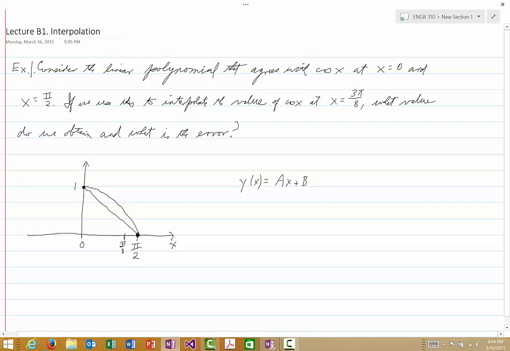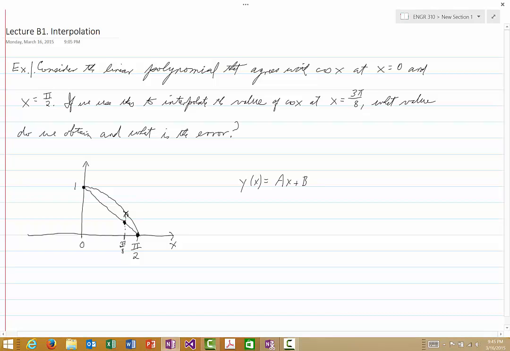And so the value that we're going to get is going to be somewhere like this, whereas the correct value for the cosine at that value of x would be up here. So it looks like there could be a significant amount of error, and that's part of what we're doing here, is to find out how much error there will be.